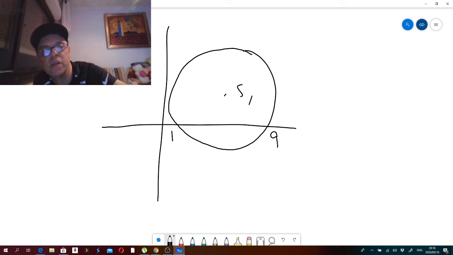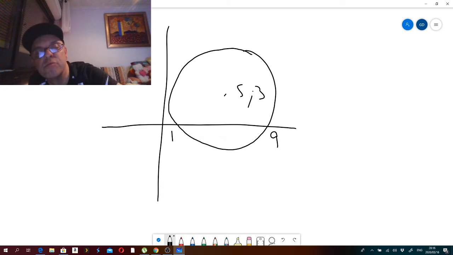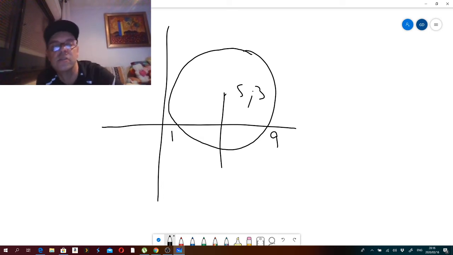Let's mark this 5 and 3. There we go. So there's my circle that we've drawn, and we want to say that this radius must be perpendicular. That's the radius.